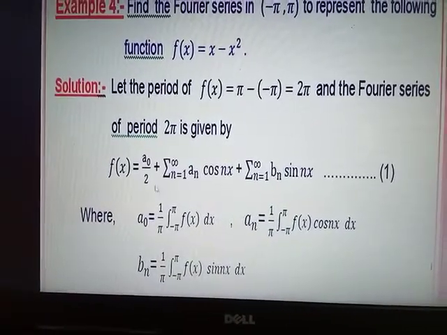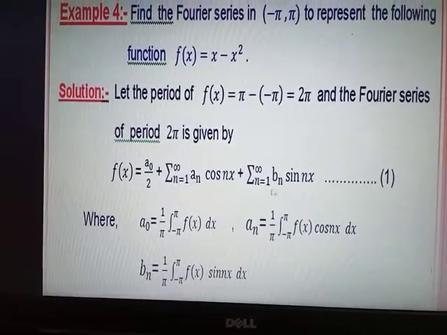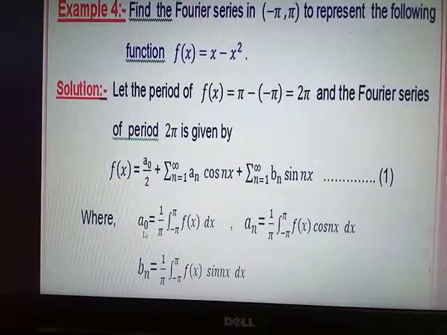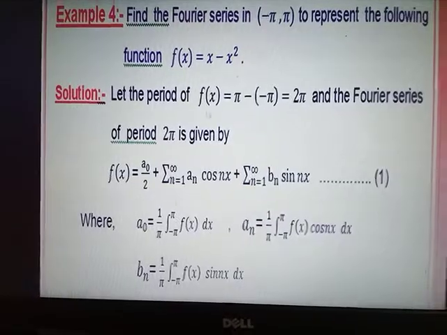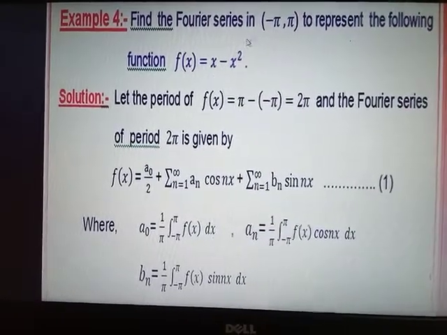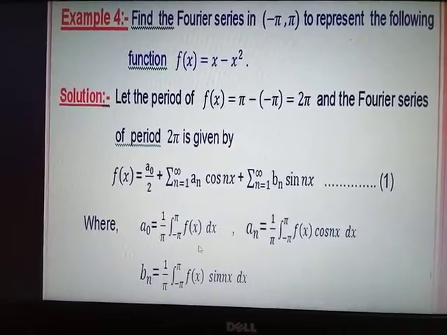And we know that these constants a0, an, bn are where a0 is equal to 1 by pi integration from minus pi to pi, because our function lies between minus pi to pi.